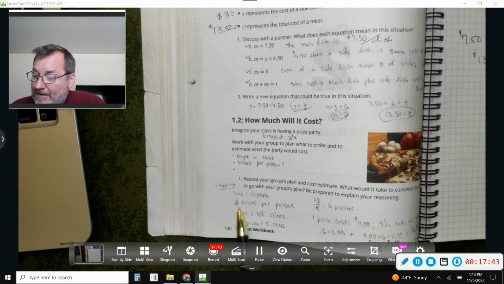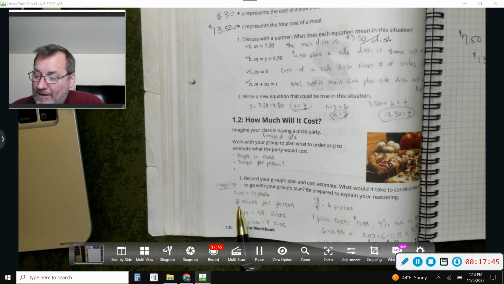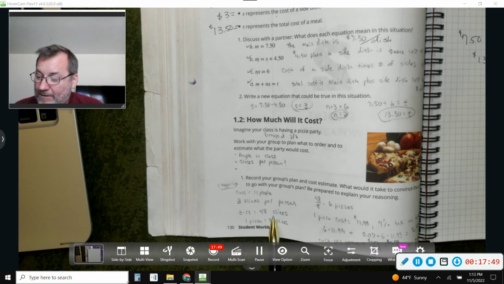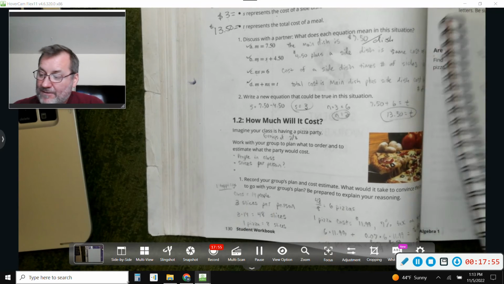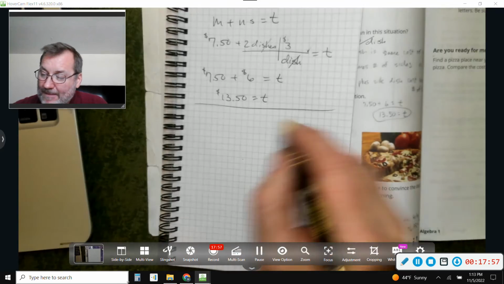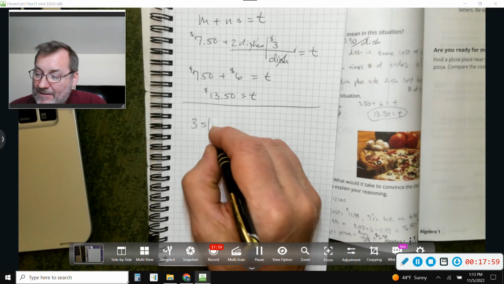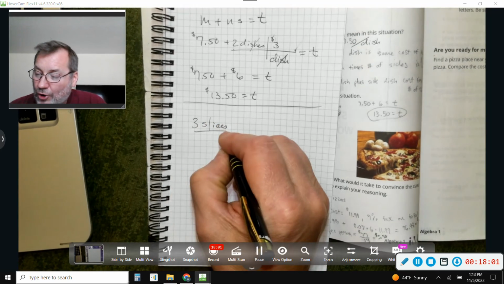All right. So if you have 14 people and you have 3 slices per person, that means 3 times 4 is 48. So let's look at this. What was the unit for 3? Slices per person. 3 slices per person.